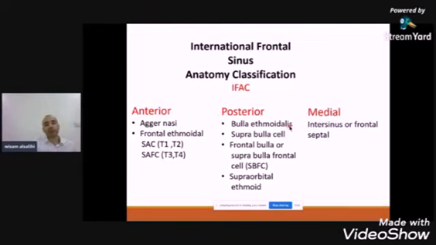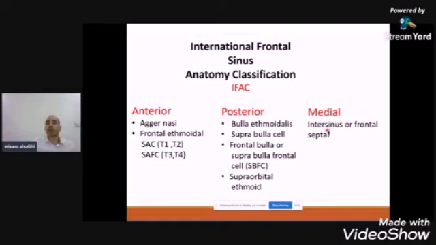The posterior group includes the bulla ethmoidalis, the suprabullar cell not reaching the frontal sinus, and the frontal bulla or suprabullar frontal cell reaching the frontal sinus, whose posterior wall constitutes the skull base. The supraorbital ethmoidal cell is pneumatized around the anterior ethmoidal artery and constitutes the posterior part of the frontal sinus.